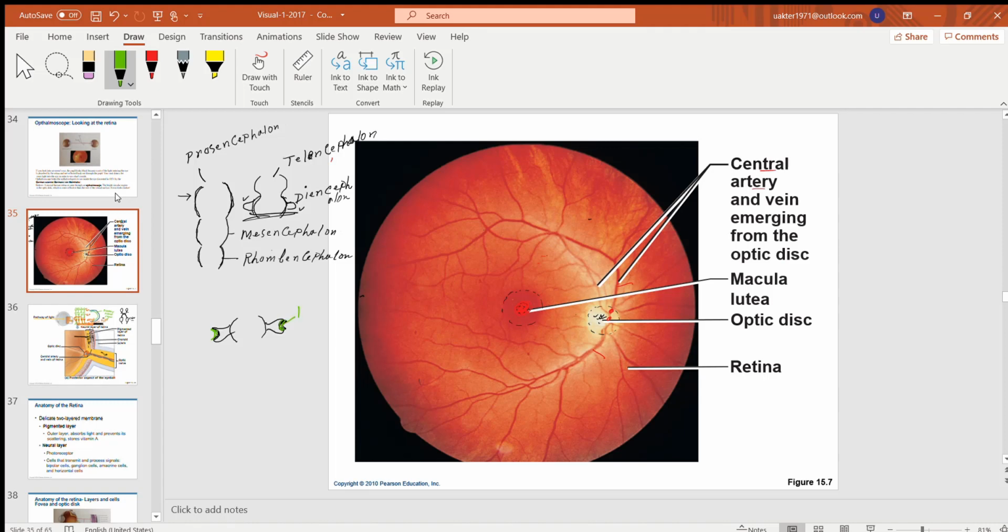So this is how the retina is formed. That's why the retina is considered a part of the brain, although it is located in the outer structure of the body. Makes sense?